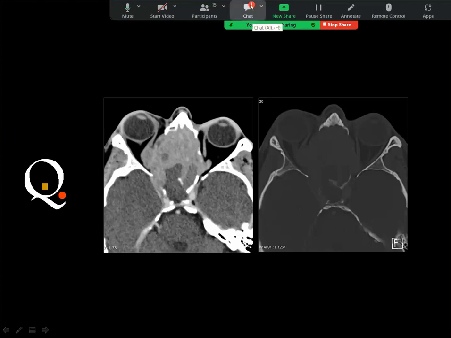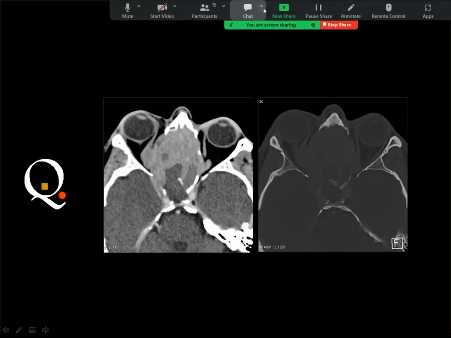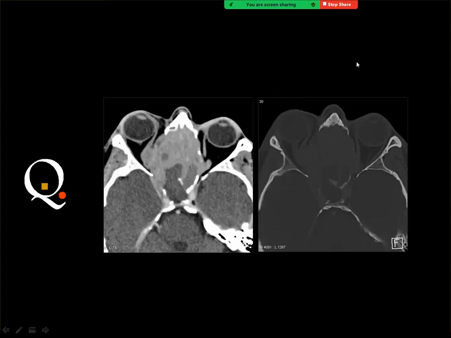The next case is a CT scan of the paranasal sinuses and orbits in the soft tissue window and the bone window. This is squamous cell carcinoma, or rather a carcinoma of the ethmoidal air cells, and this tumor has eroded the medial orbital wall on both sides with intraorbital extension, maybe extension into the sphenoid sinus.